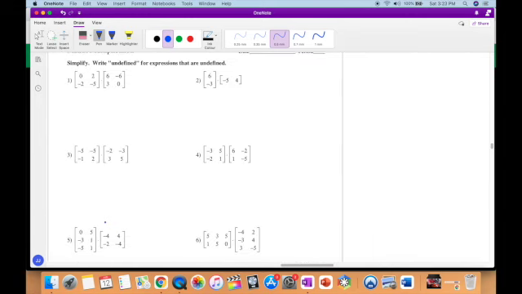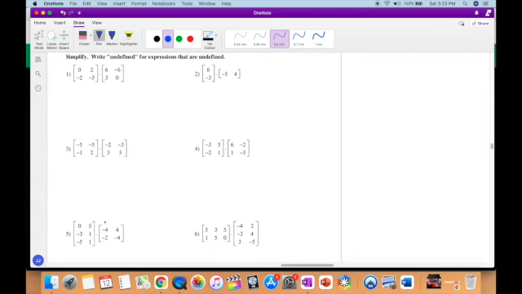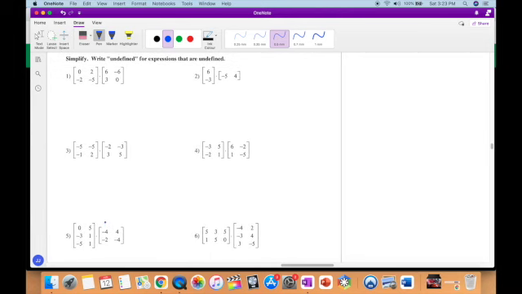All right? Okay, so I'm gonna give you guys 10 minutes and you have to multiply these matrices, right? There's a matrix multiplication question. However, remember that not all of them can be multiplied. So you have to work out if they can be multiplied or not. And if they cannot be multiplied, you can just put undefined as the answer.